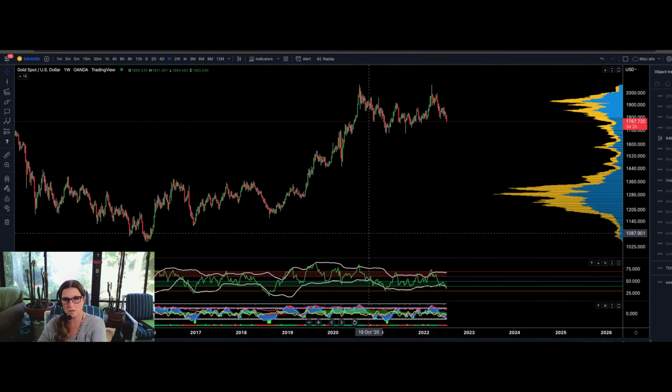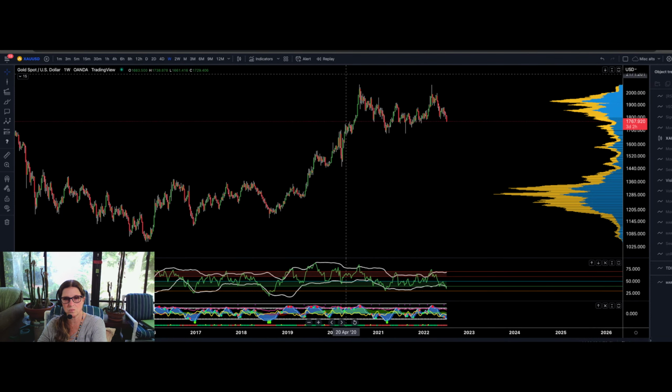As you can see, the weekly likes to reset on the 30. This deep correction reset itself on the 30. Created continuous bullish. Okay. It already, not really. So let's see.